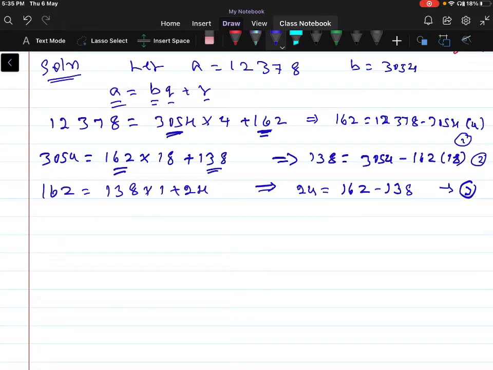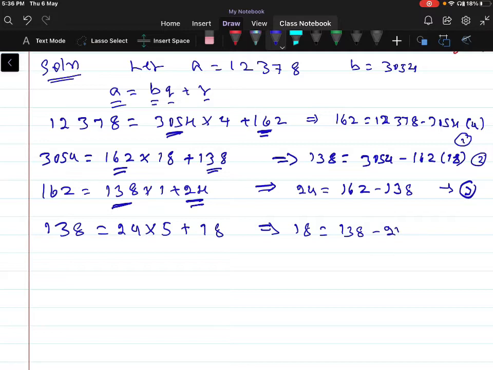Now let us apply the algorithm for the integers 138 and 24. Now 138 can be written as 24 into 5 plus 18. So this implies that the remainder 18 can be written as 138 minus 24 into 5.